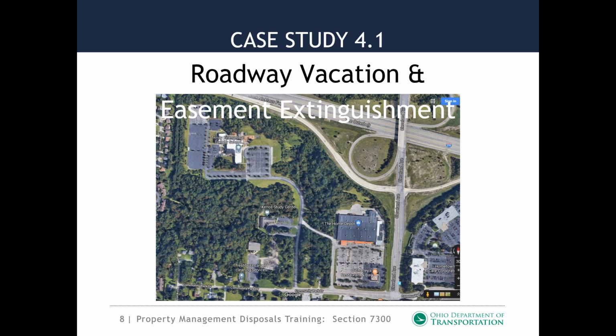The thing to remember is extinguishments and vacations are only when we have an easement on the property. So when we vacate or extinguish an easement, it goes to the underlying fee owner. Whoever owns under the area that we're going to vacate would get it. It could be one property owner or two, but it doesn't have to be equal. Whatever the title work shows the underlying fee owners are, that's who would get the vacation.